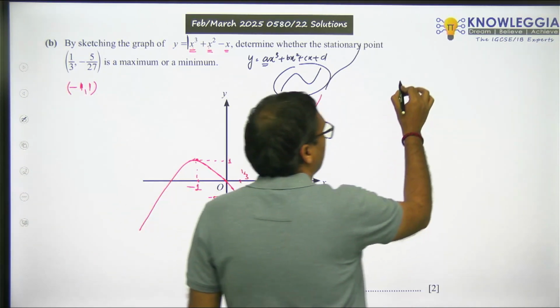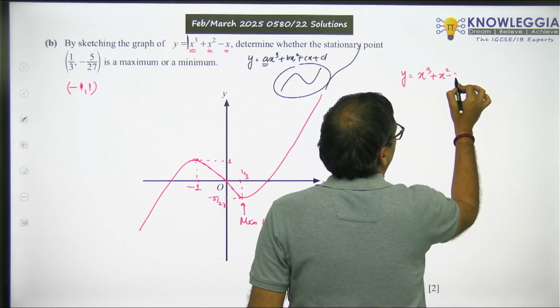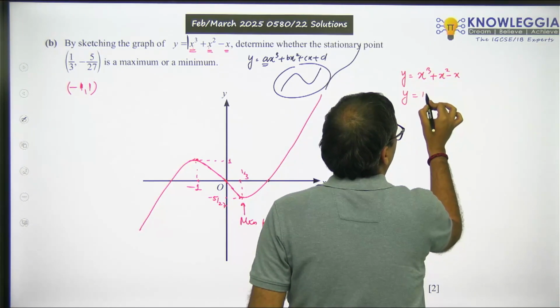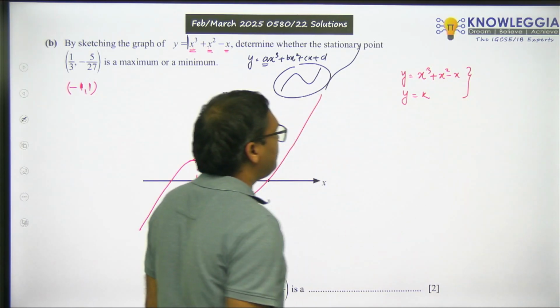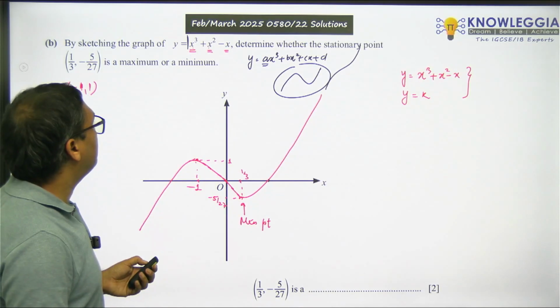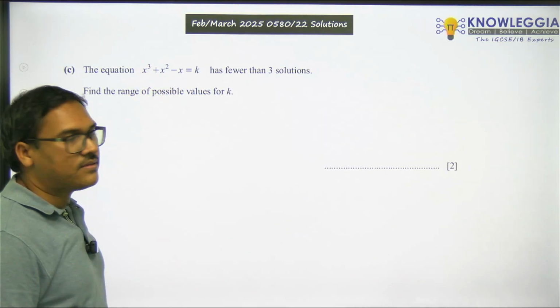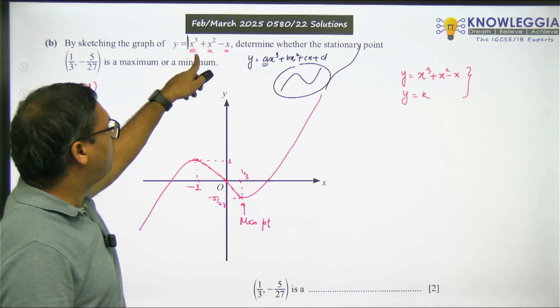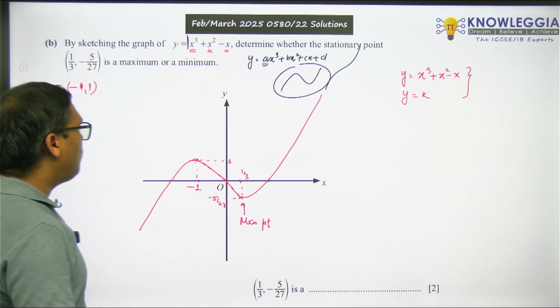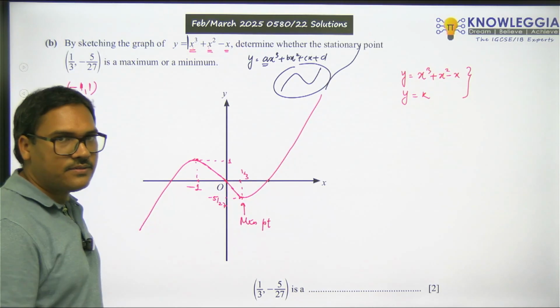So if I draw y is equal to x cube plus x square minus x and y is equal to k, these two graphs, you can see why I have taken this. This is y equal to k and this is x cube plus x square minus x. This graph we know, we have drawn this. And we know y is equal to k is a straight line which is parallel to the x-axis.